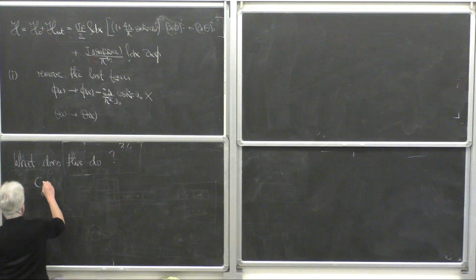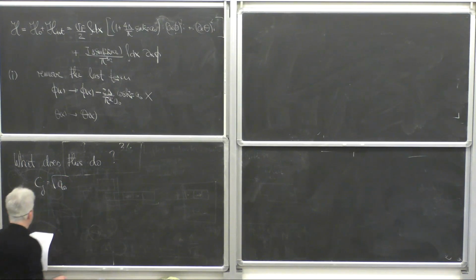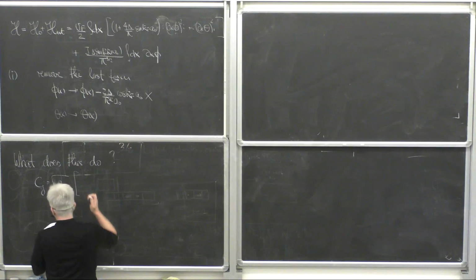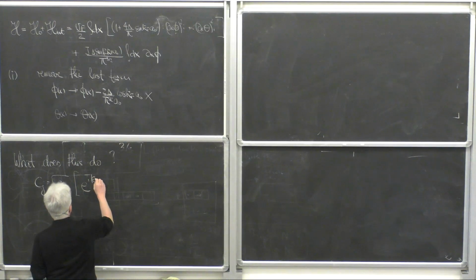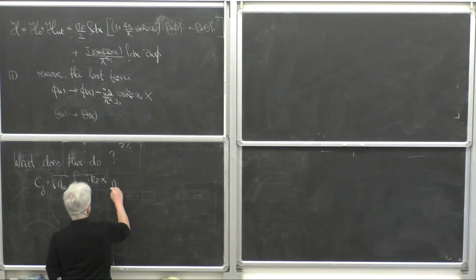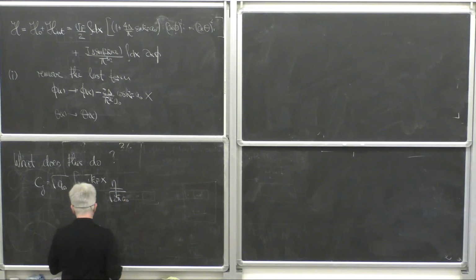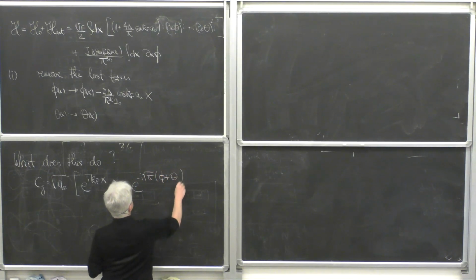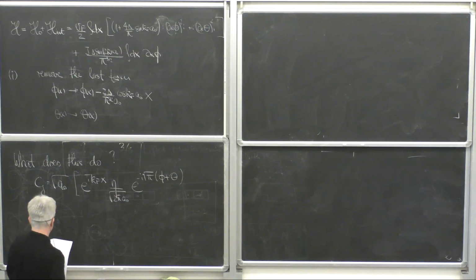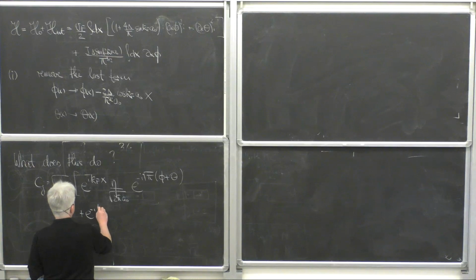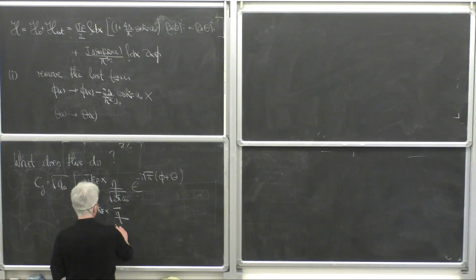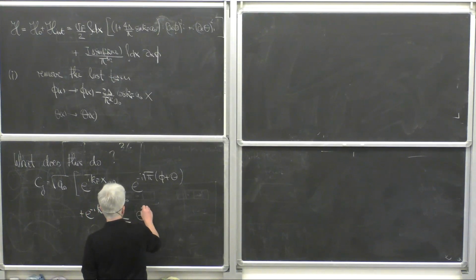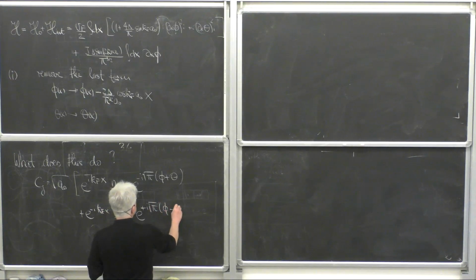Remember that the lattice fermion operators were related to these bosonic vertex operators like so: e to the i kf x, and then eta divided by 2 pi a naught square root, e to the minus i square root of pi phi plus theta, plus e to the minus i kf x eta bar over 2 pi a naught, e to the plus i square root of pi phi minus theta.